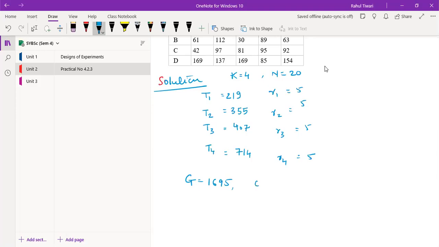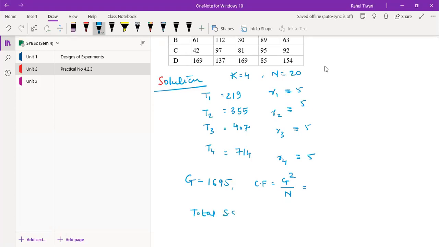CF is simply grand total square upon capital N. Grand total square upon capital N. So just finish this CF value and then find out the total sum of square.